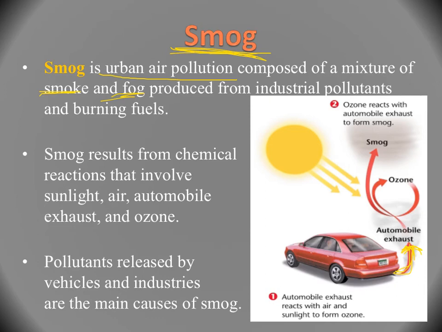That automobile exhaust reacts with the UV radiation and the oxygen in the air to make some ozone, lower level troposphere ozone close to the earth, which then reacts and makes smog. So it's an interaction between sunlight, air, car exhaust, and ozone.